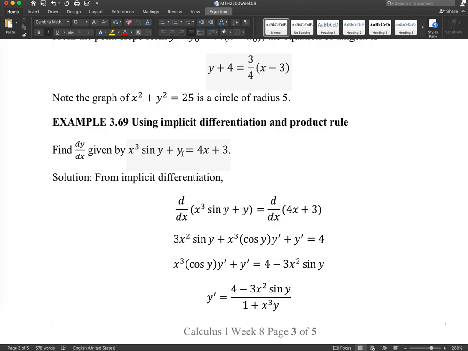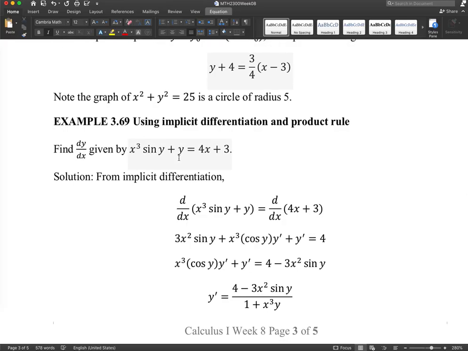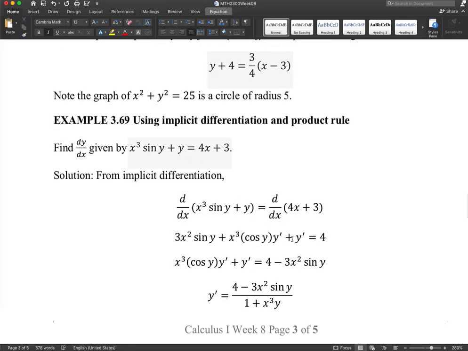I simply take a derivative on both sides with respect to x. Maybe starting with the easy part first, the right-hand side. The derivative of the right-hand side is just 4. The left-hand side is the sum of two terms, so it would be the sum of derivatives. I simply change the y at the end on the left to y prime.